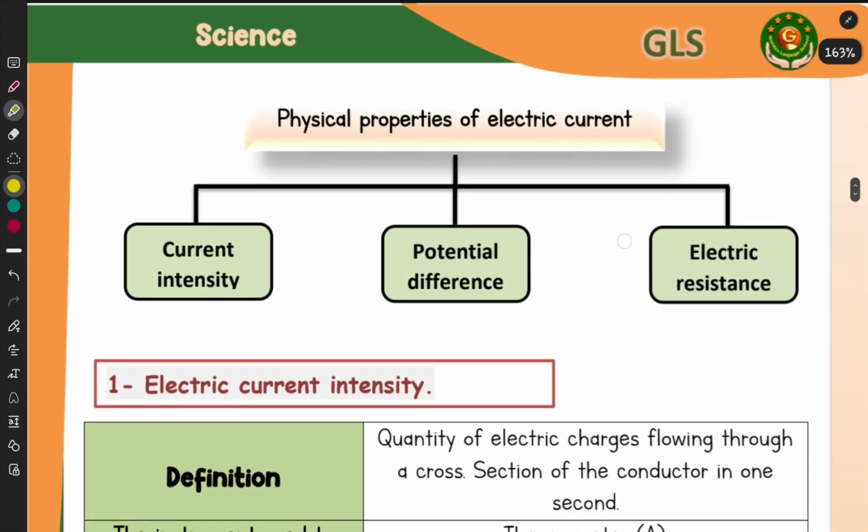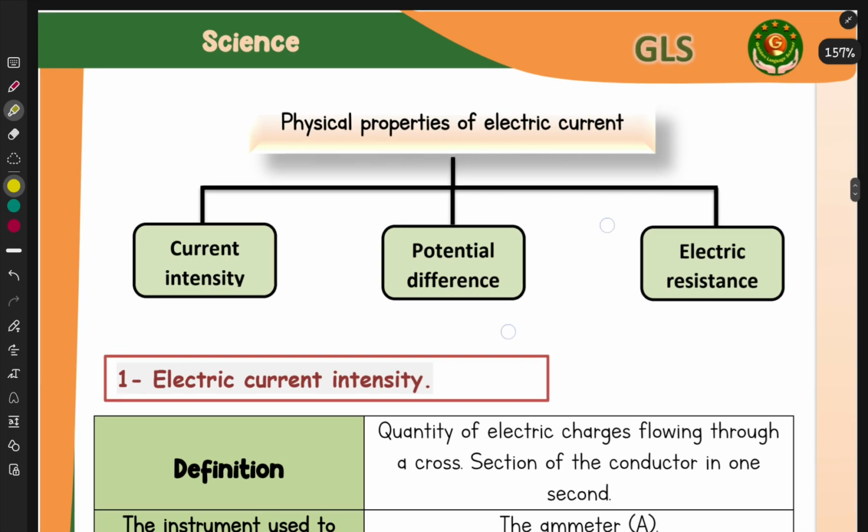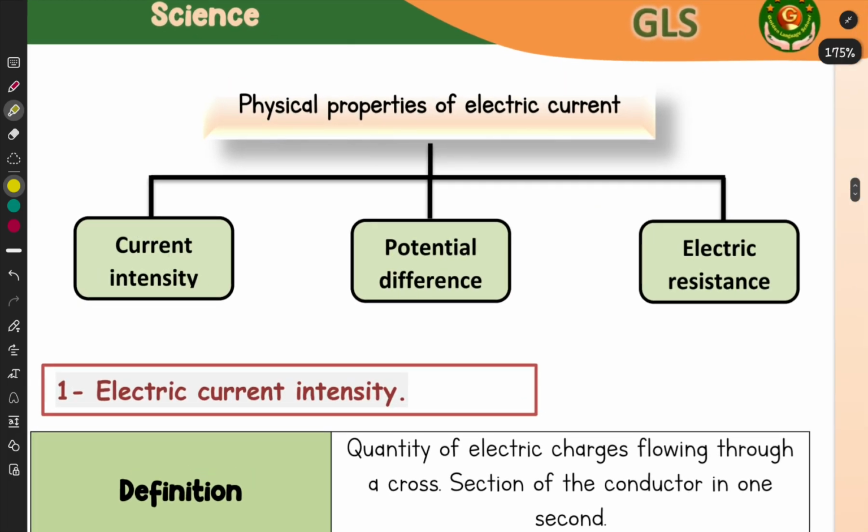Okay. We have some physical properties of electric current: current intensity, potential difference, and electric resistance. Let's have a symbol for each one of them.